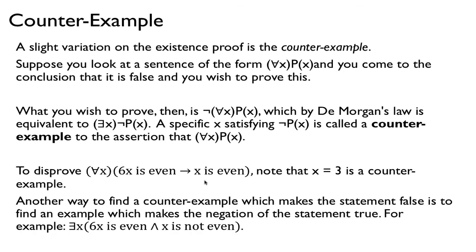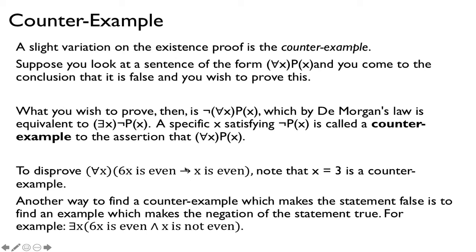Another way to find a counterexample is to take the statement and negate it, find the negation of the statement. To prove that the original statement is false, we negate it and prove that the negation is true. So when I negate the for all, it becomes there exists.